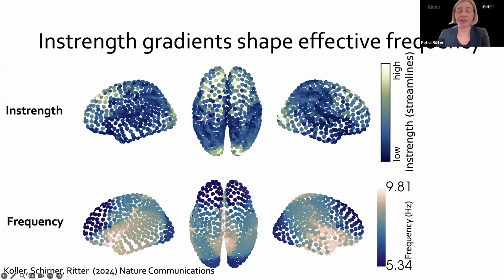And what you see here is the effective frequency. And we see that the in-strength gradient modulates effective frequency such that in frontal and occipital areas, we have lower frequencies, and in temporal areas, we have higher frequencies, just because of the in-strength gradient of the structural connectome.